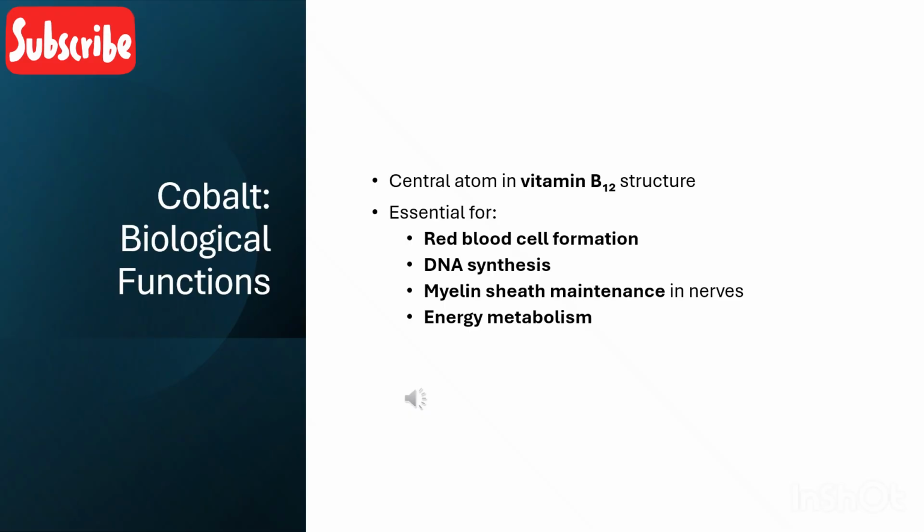Cobalt also contributes to energy metabolism, especially in converting fatty acids and amino acids into usable energy. In short, cobalt is essential for growth, cell division, and also neurological health.